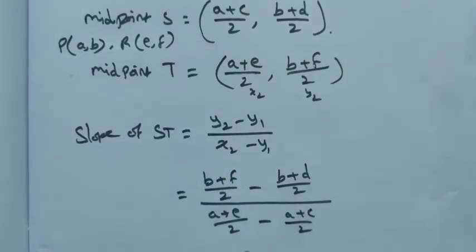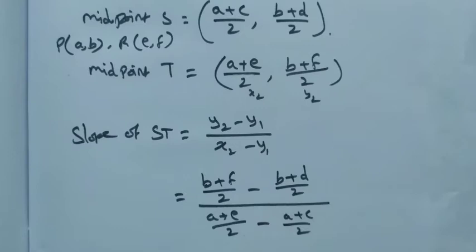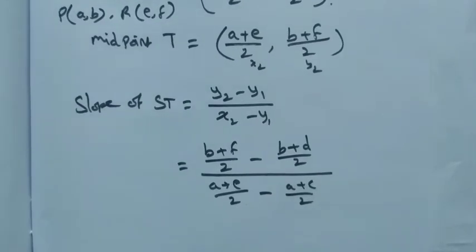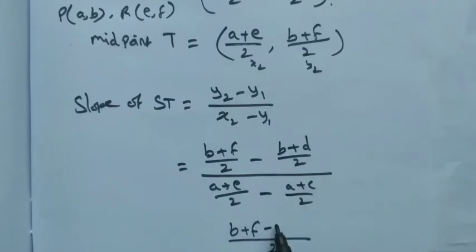See, in the numerator and denominator we have the same number, that is 2, so directly we can add or subtract the numerators, right? Taking 2 as the common denominator, here b plus f, and we have minus of the second term, so minus b minus d.